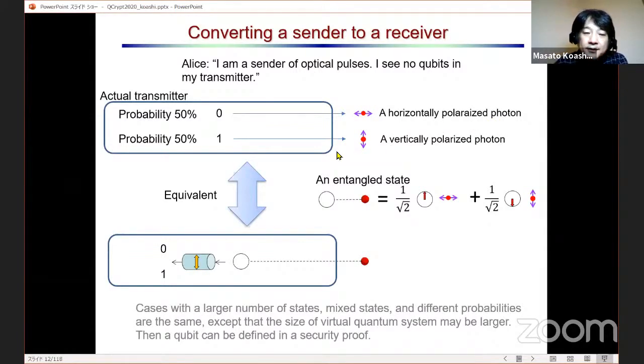But you can always replace this equivalently by introducing an entangled state, which is a superposition of this possibility and this possibility using a fictitious qubit here. Alice can create this entangled state first, then measure this qubit in the Z basis to obtain the bit value. This and this are completely the same thing. So you can always introduce a qubit like this.